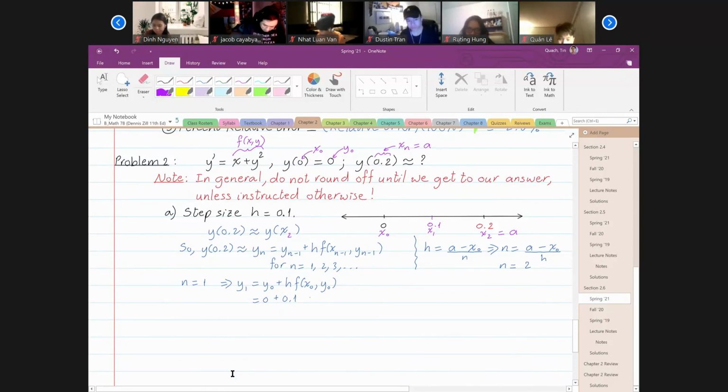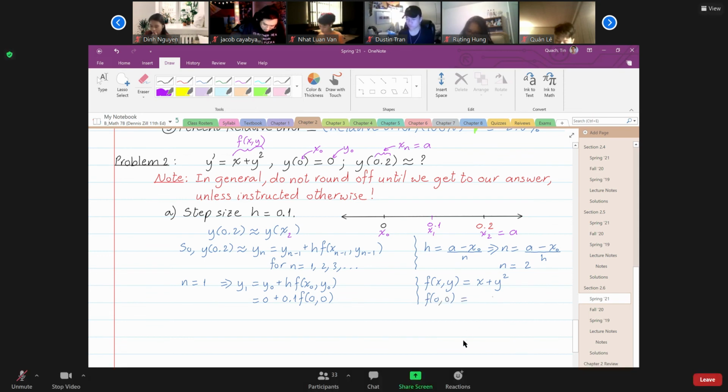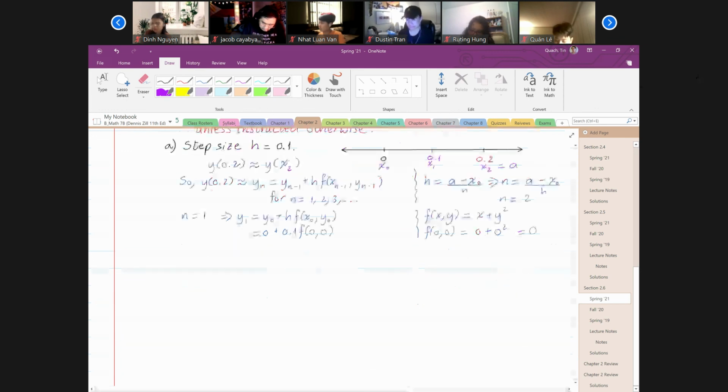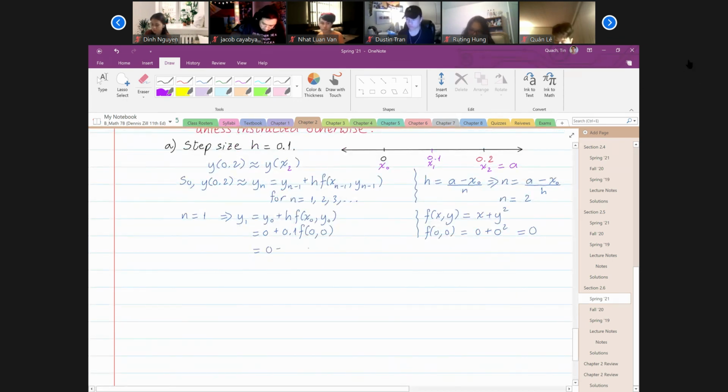Here f of x, y is equal to x plus y squared. Now x sub 0 is 0 and y sub 0 is 0, so f of 0, 0 is equal to 0 plus 0 squared, which is 0. So you have 0 plus 0.1 times 0, and y sub 1 is equal to 0.